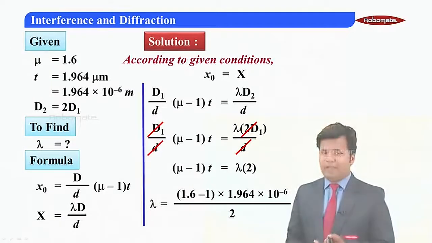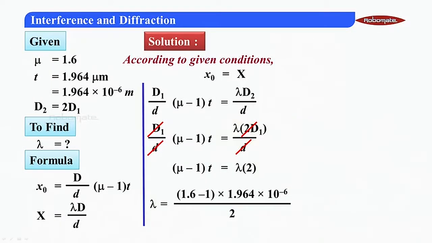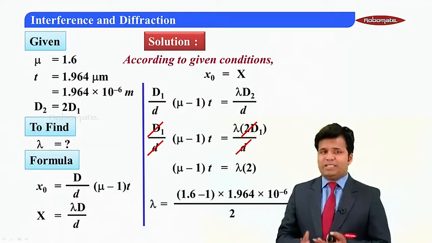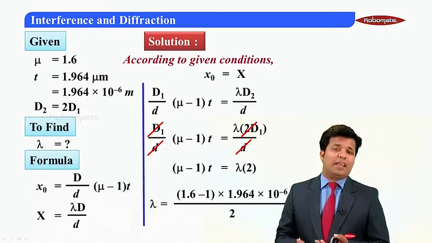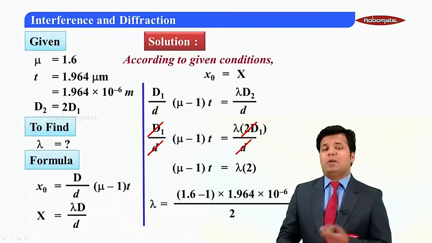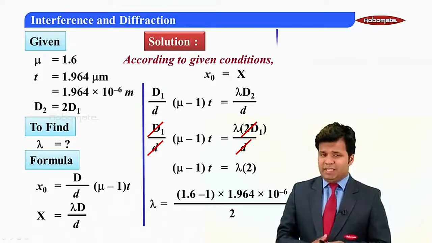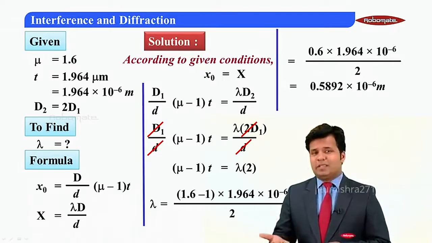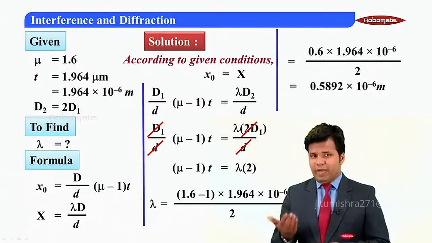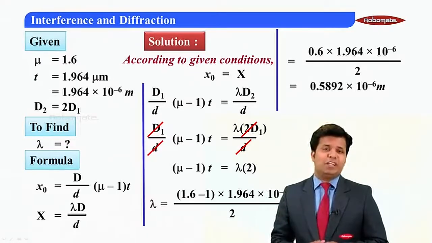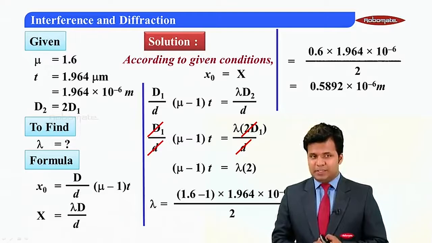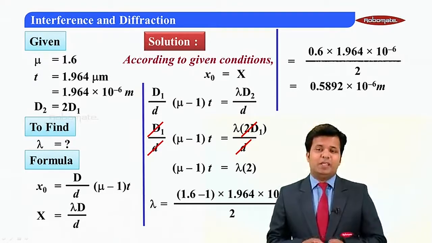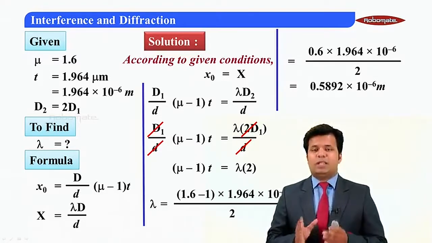So I am having the value of mu as 1.6 minus 1, and lambda would be found by substituting t. So it would be (1.6 minus 1) into 1.964 into 10 raised to minus 6, the whole upon 2. So students, lambda would be simplified as 0.5892 into 10 raised to minus 6 meters. So this is going to be the answer to what is lambda.